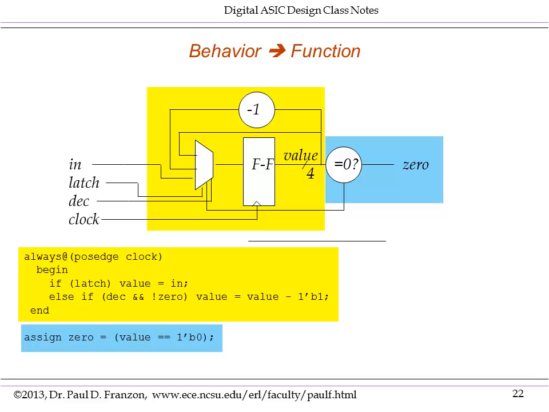The values in the parentheses are the control signals for the muxes. The values on the right are the inputs to the mux, in and value minus 1. For the combinational logic, what we're doing is comparing value to 0. That gives a true-false result that then becomes the flag 0.